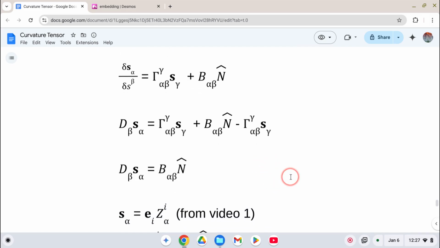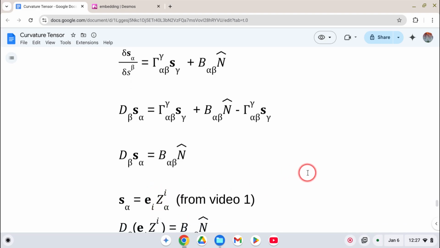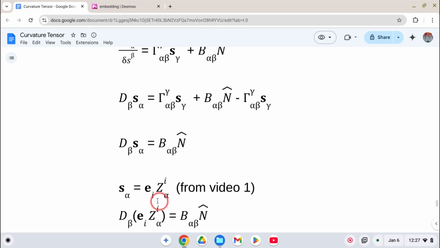Now, from way back in video number 1, where we were working on the shift tensor, we found a relationship between the surface basis vectors and the ambient basis vectors. This was just the IJKs that we were dealing with, and they're related via the shift tensor, Z i alpha, okay? So we can put this right back in here.